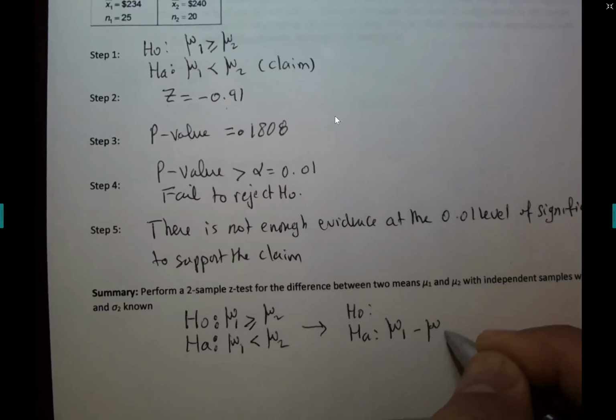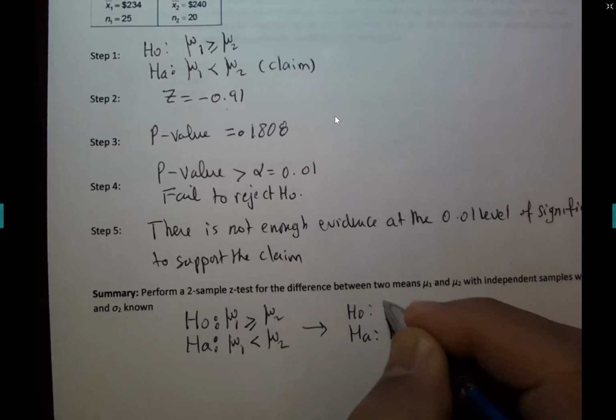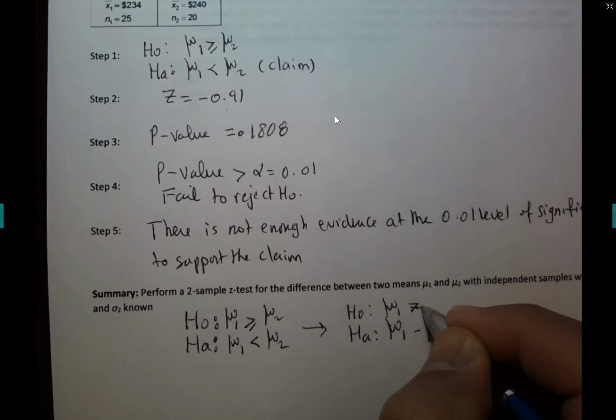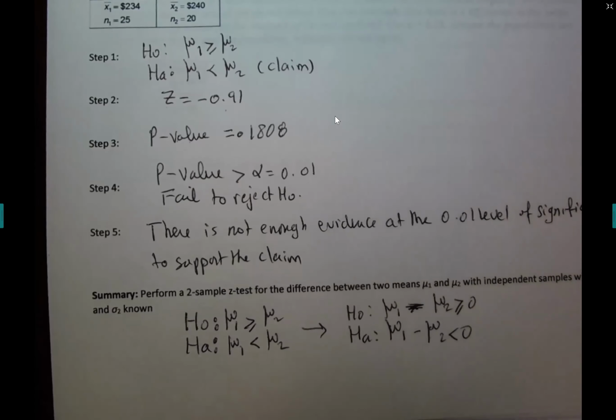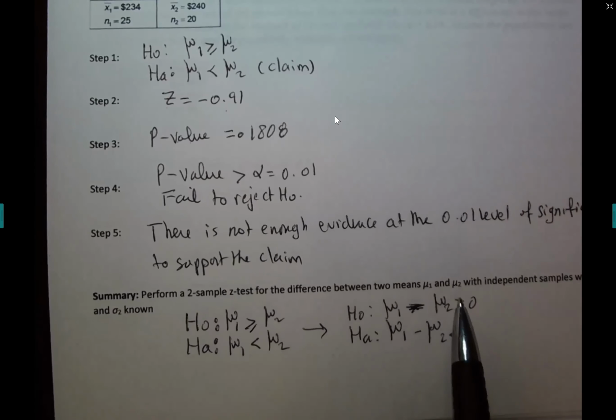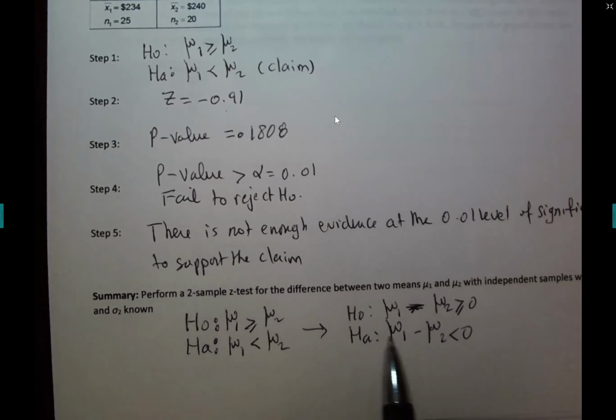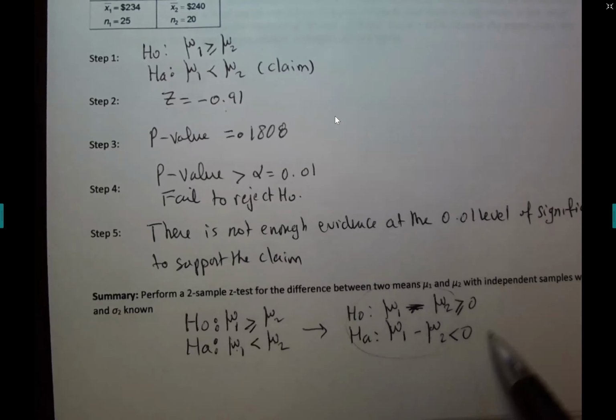Tell me if you think it is exactly the same thing. This way of listing the hypotheses is exactly the same. If mu1 is less than mu2, if you subtract mu2 from both sides, you get mu1 minus mu2 less than 0. And here, if you subtract mu2 from both sides, you get mu1 minus mu2 greater than or equal to 0. So if you come across something like that, it's exactly the same as this.